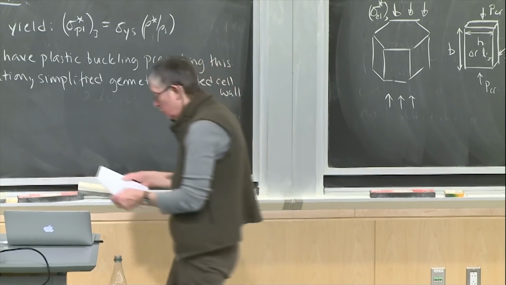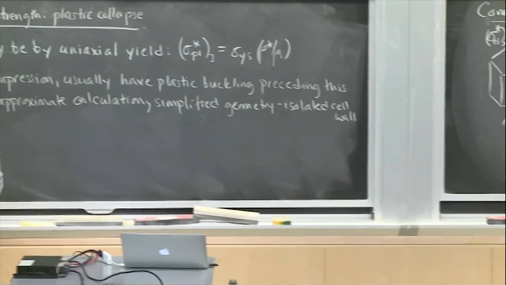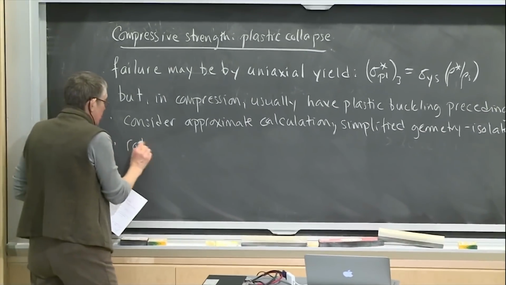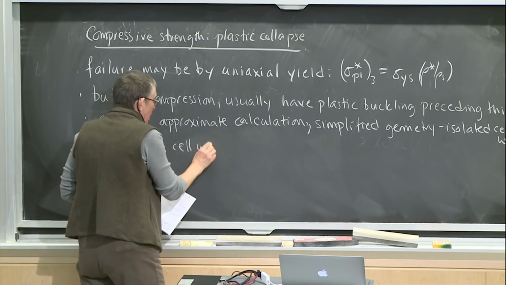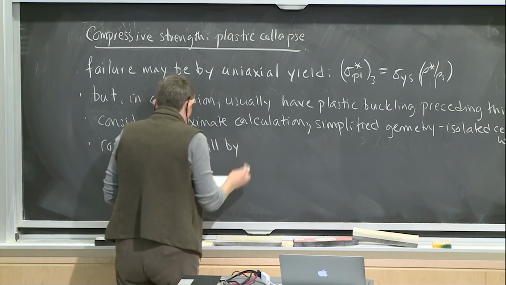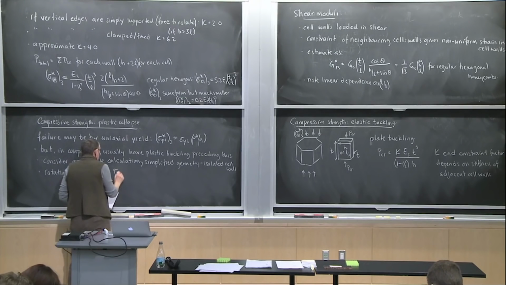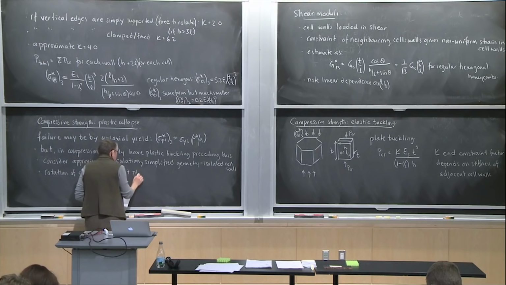So we're going to equate those two works done. So we're going to look at the rotation of the cell wall by an angle of pi at the plastic hinge.